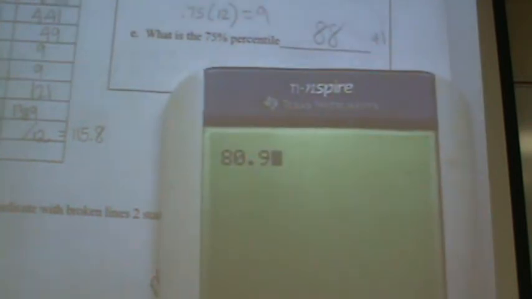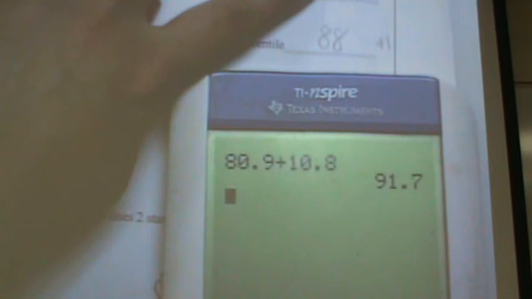Now, where is your mean? Your mean is right here. This is what you should have done. And now, what is 1 standard deviation? It's about 10.8. If you use your calculator, take 80.9 and add one standard deviation, 10.8, you get about 91.7.